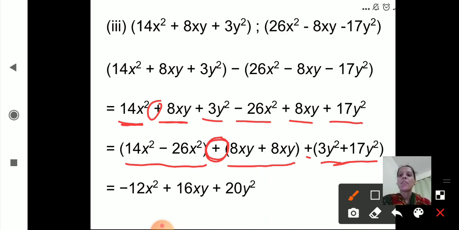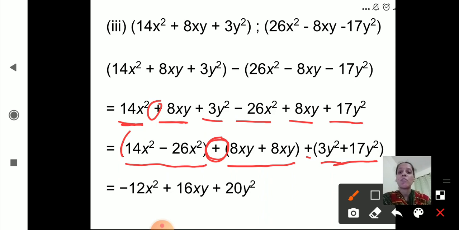Now we can solve the brackets. First we will solve the first bracket, 14x square minus 26x square. 26 minus 14, the answer is 12, but you will not write plus 12x square, the answer is minus 12. Why minus? Because which is the bigger number, 14 or 26? 26 is the bigger number.